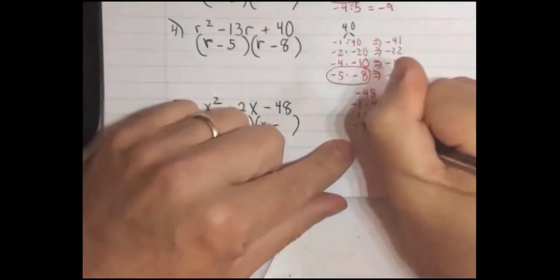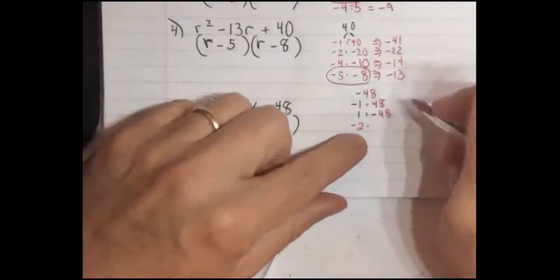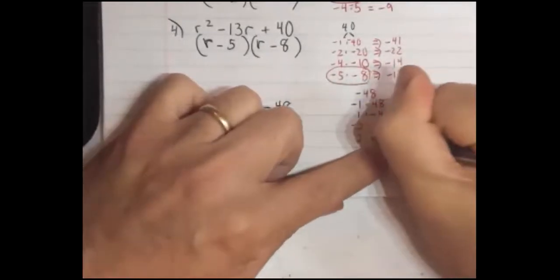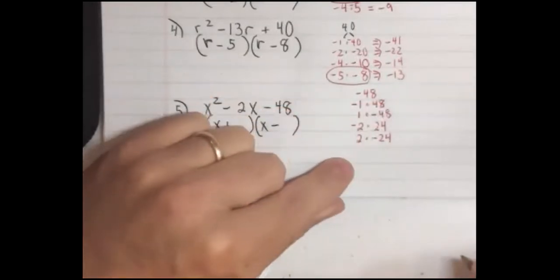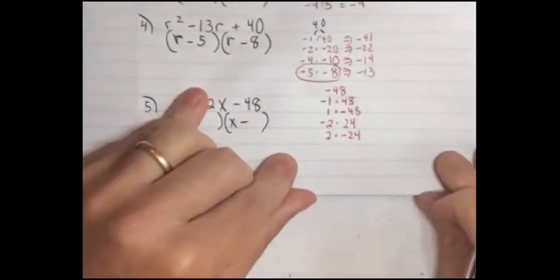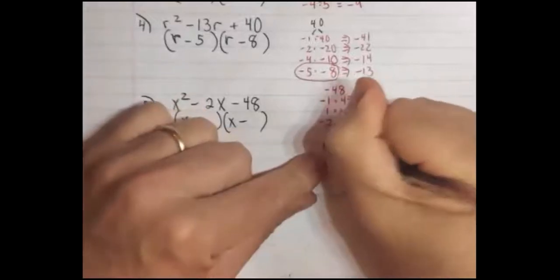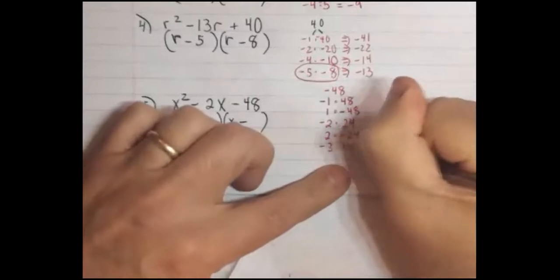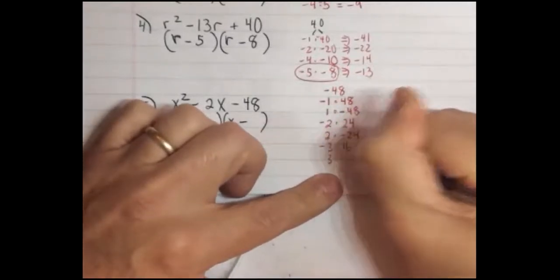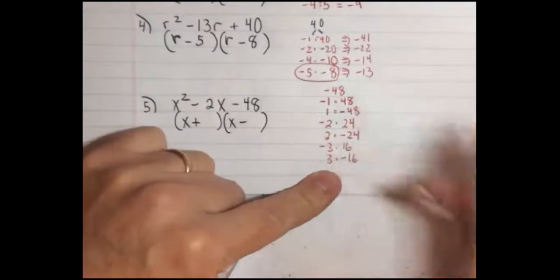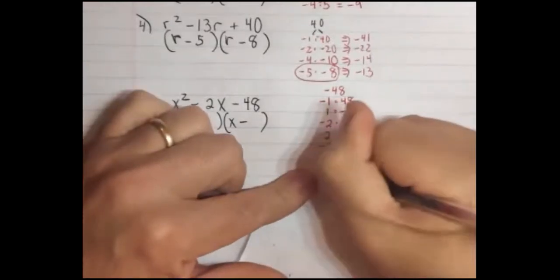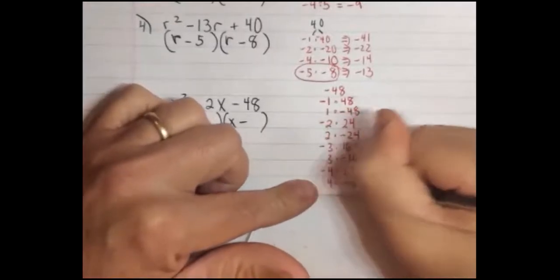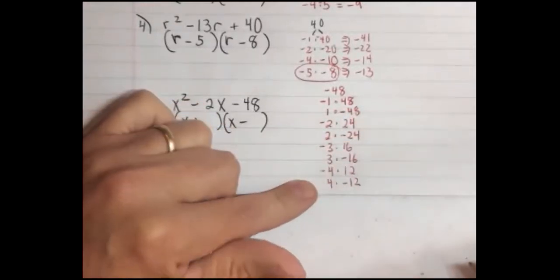So we know -2 times, what was that, 24? Positive 24, or +2 times -24. Slide this over a little bit. -3 times, I think it's 16. And then +3 times -16. -4 times +12. +4 times -12.